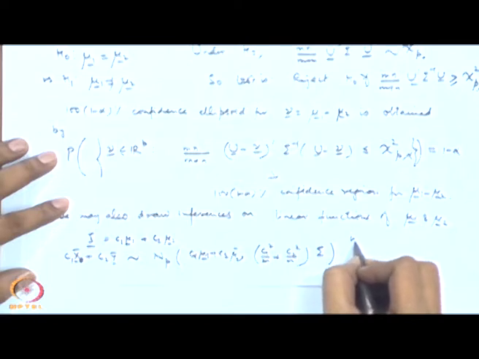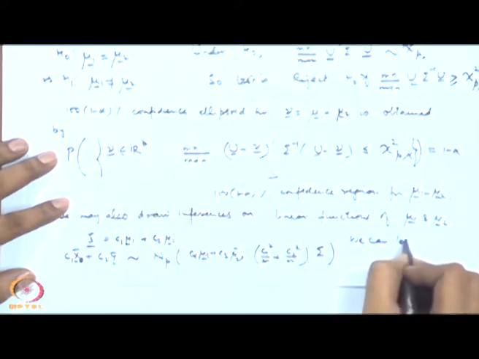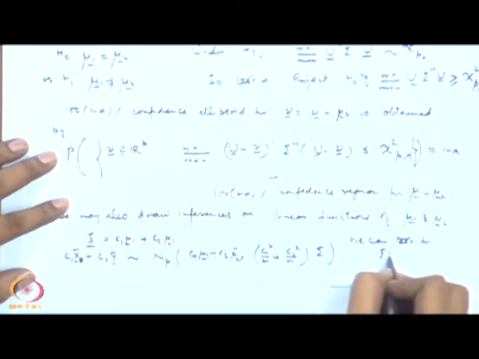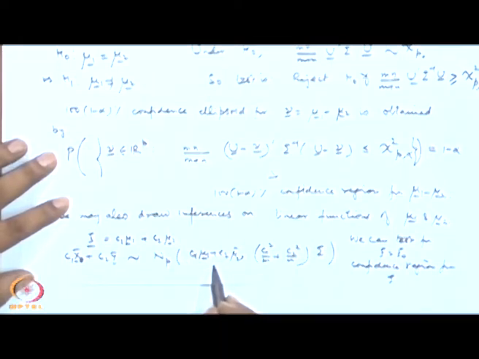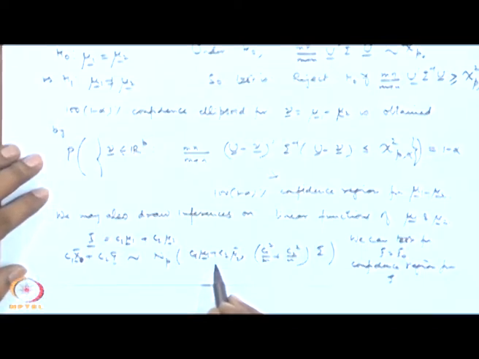So, we can test for xi equal to xi naught, or we can find confidence intervals or confidence region for xi. So, again it will be in terms of the chi-square p distribution, that is the central chi-square distribution that we will be getting here.